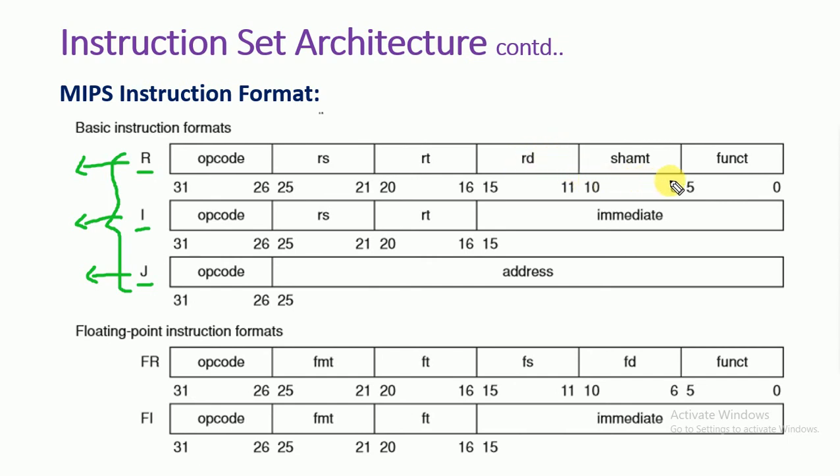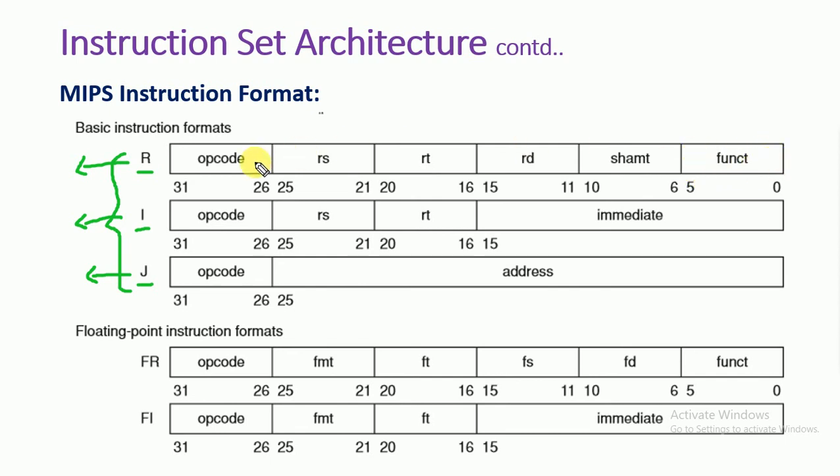Then you can see 5 bits are reserved for a term given as SHAMT, which is the shift amount. If any shift operation is to be done as part of this instruction, the number of shifts can be indicated in these 5 bits. And finally we have 5 bits reserved for the function.